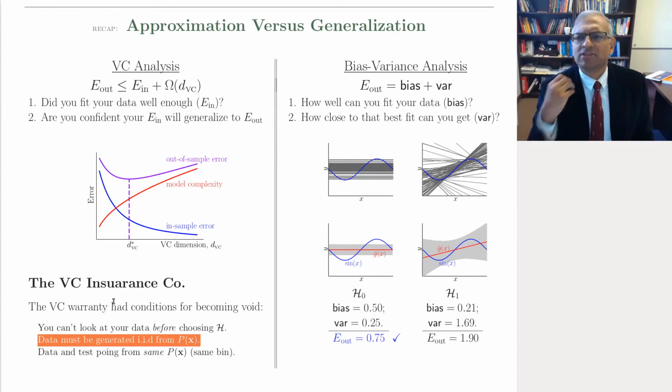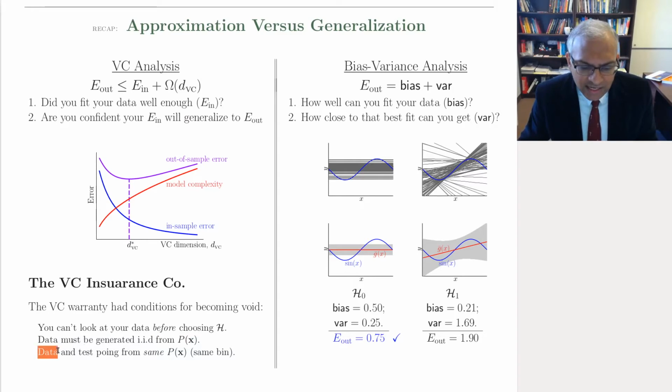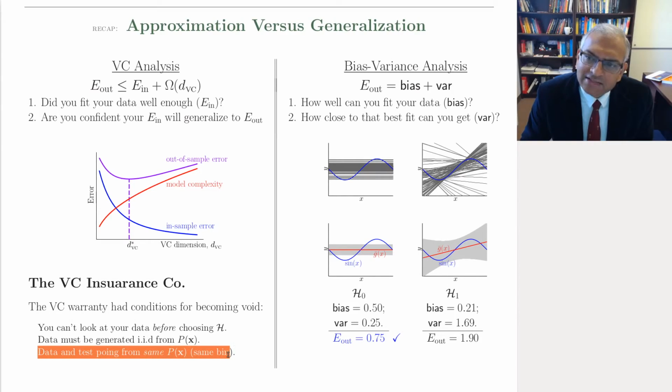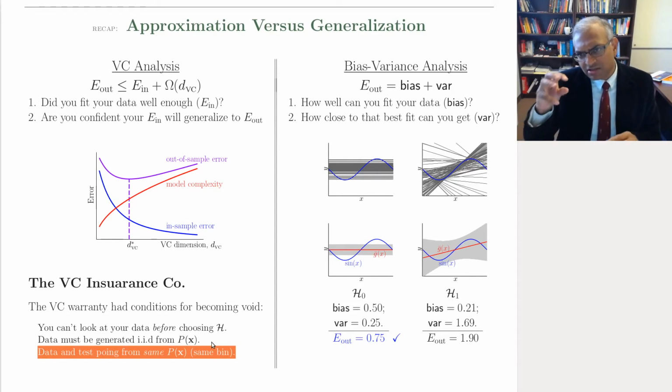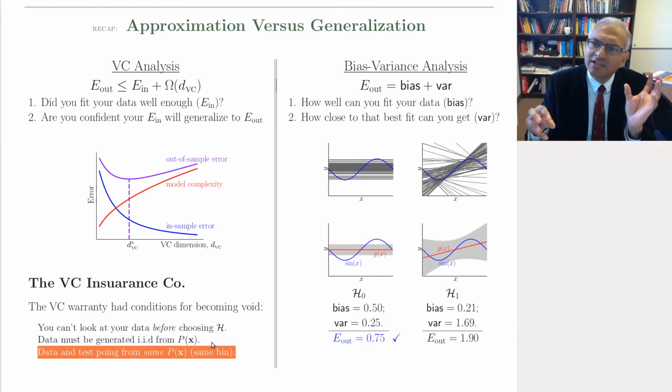So your data is coming from some data generating process, and each data point is coming to you IID. Usually not hard. What's hard is to ensure that the data and the test point that you're going to be tested on come from the same P of X, the same bin, essentially. So we phrased this a long time ago by saying that if you take a sample of marbles from a bin, look at the fraction of red in the sample, you can only say something about the fraction of red in that same bin.